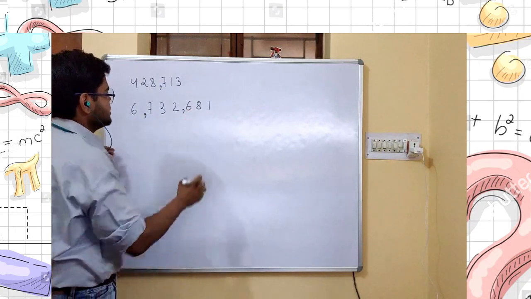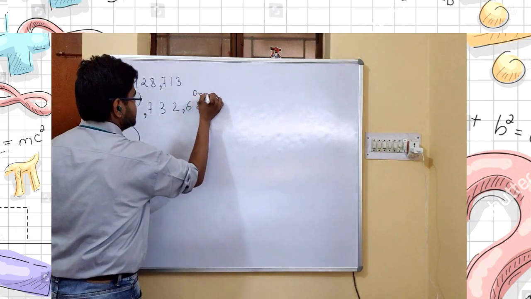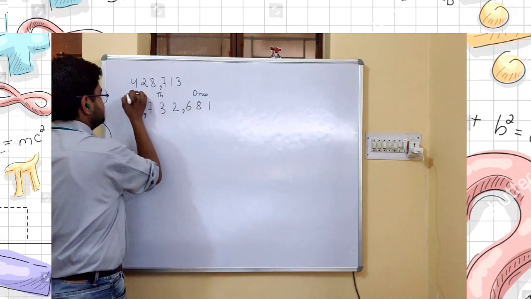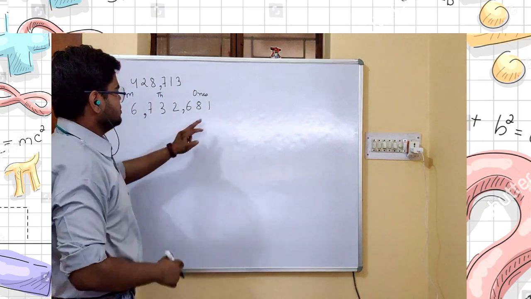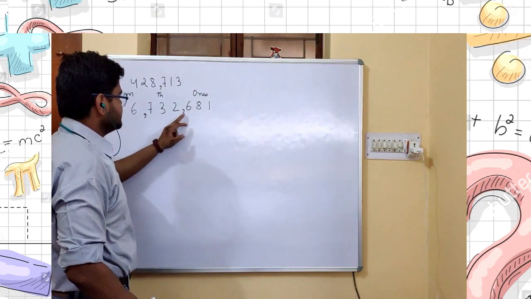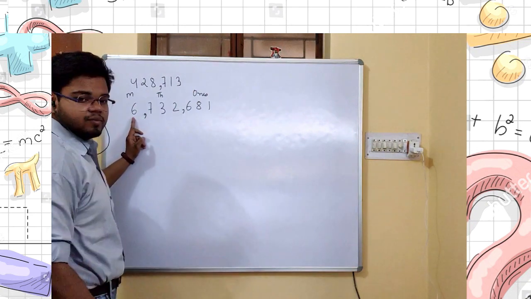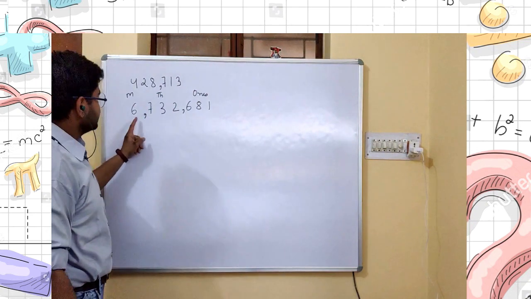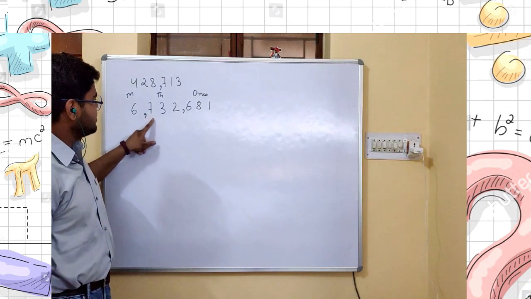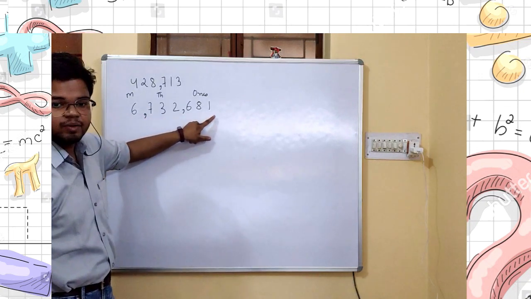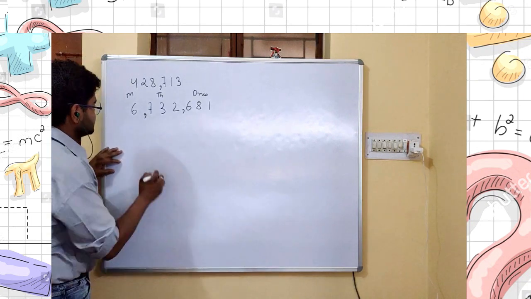So this is your ones period, this is your thousands period, and this is your millions period. So ones, tens, hundred, thousand, 10,000, 100,000, and then we have million, children. So this will be 6,732,681.